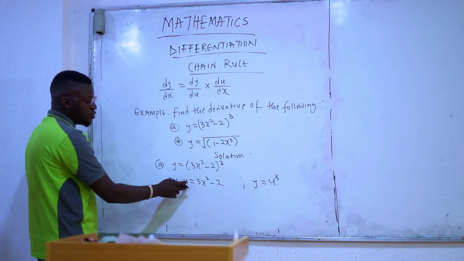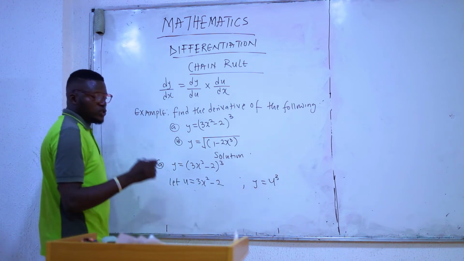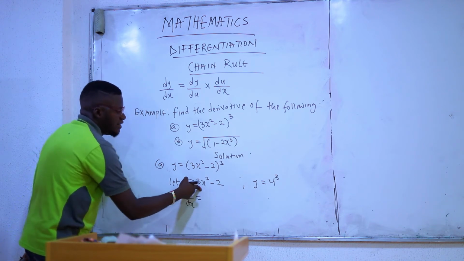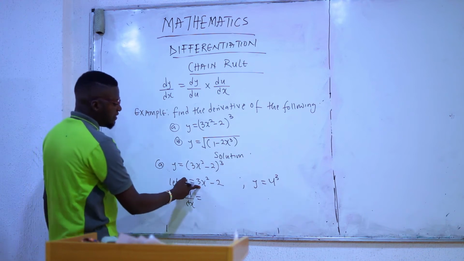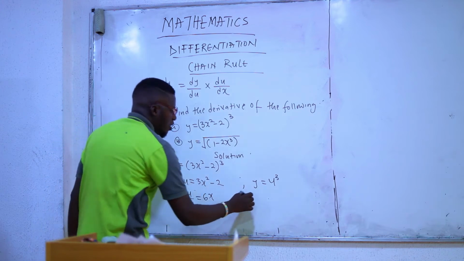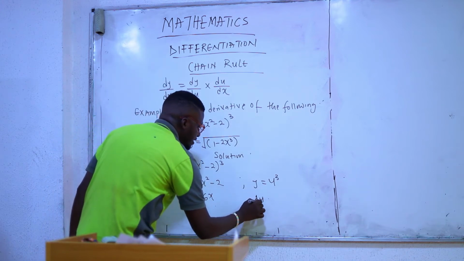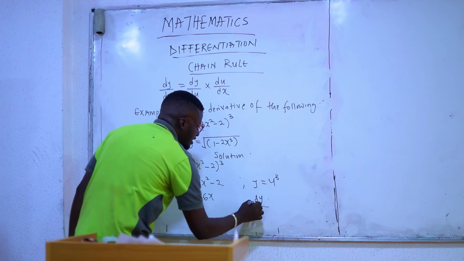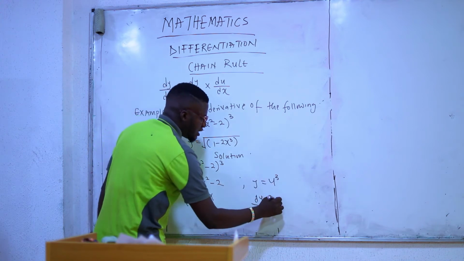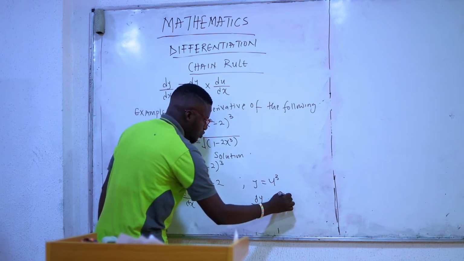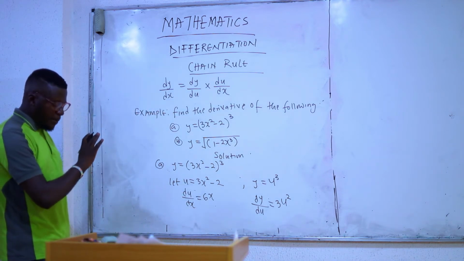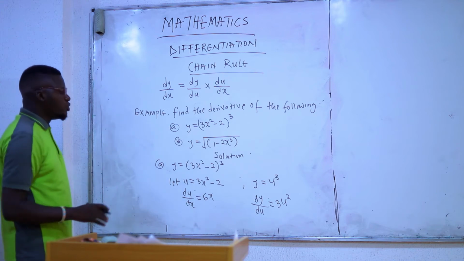So I'm going to differentiate u with respect to dx, while I will differentiate y with respect to du. So I'll have du over dx is equal to differential of 2, which is constant, is 0, while differential of 3x squared is 6x. Then dy over du: differential of u raised to power 3 with respect to du is 3u squared.